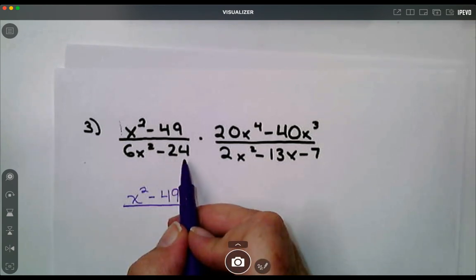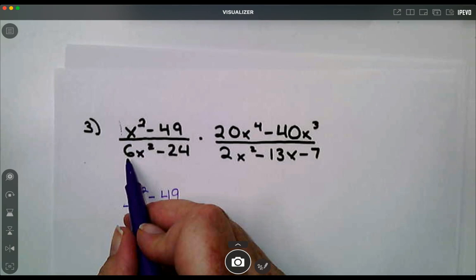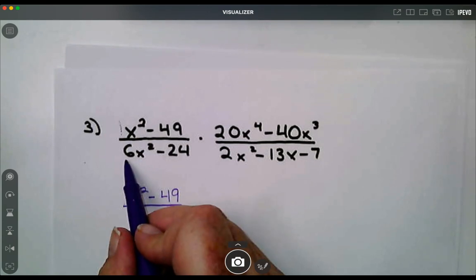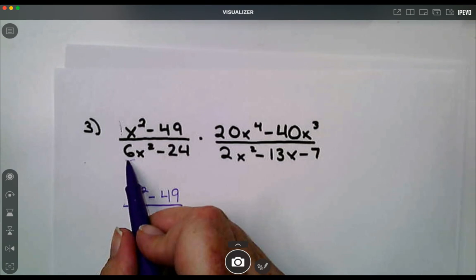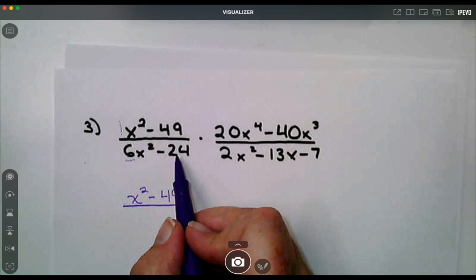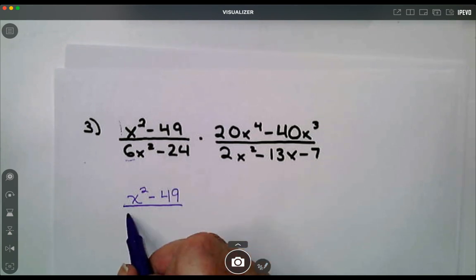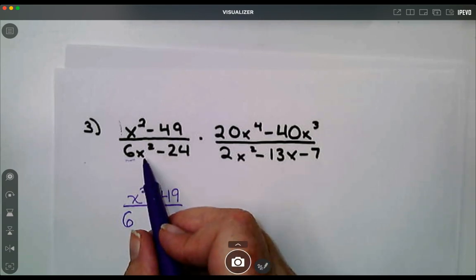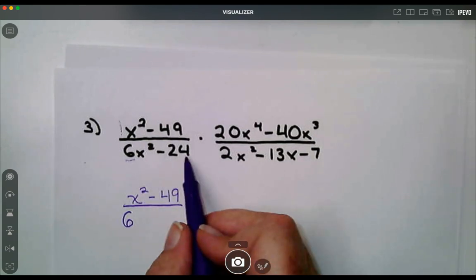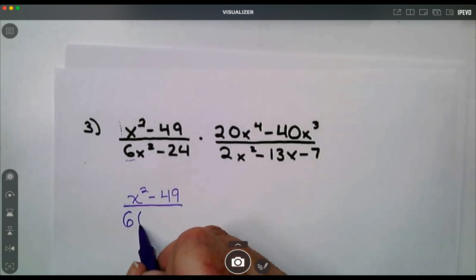What about here? Now, if you have integers, you should look at your smallest integer and see, can my smallest integer be a factor of my larger integer? It is, right? 6 times 4 is 24. So let's factor out a 6. And then they don't each have an x, so I'm only going to factor out the 6.